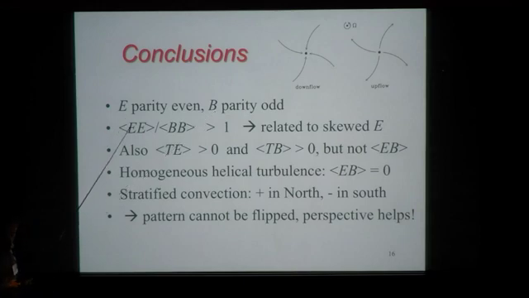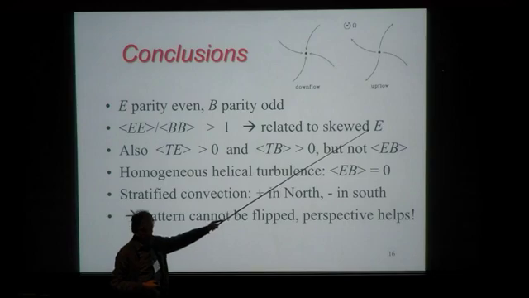There is observationally, and Mark emphasized this as being potentially the most surprising result from Planck, evidence for an excess of E over B, and there will be more talks about this this afternoon.